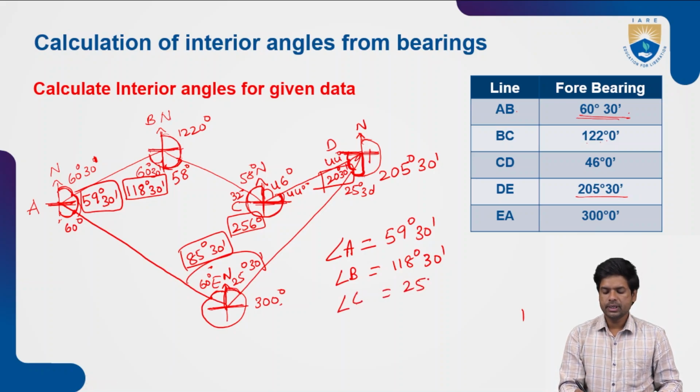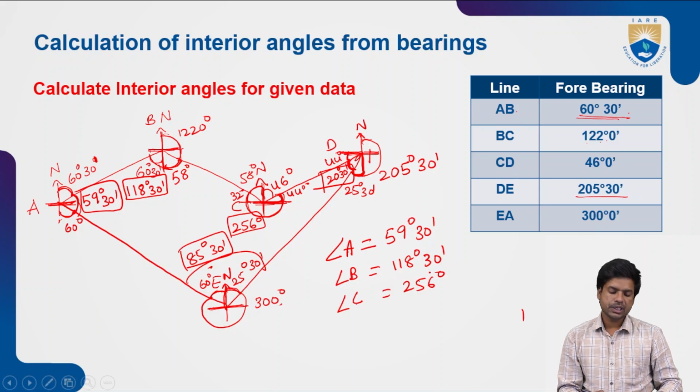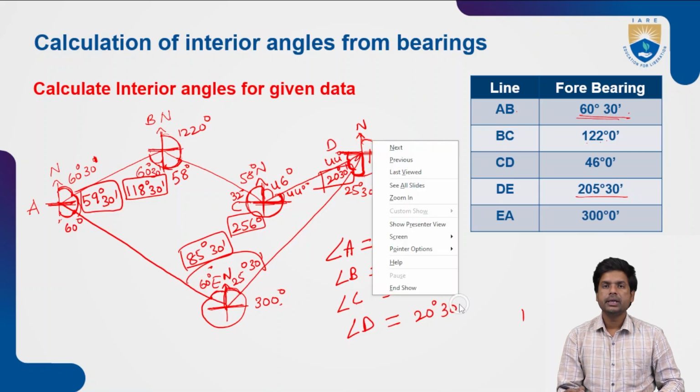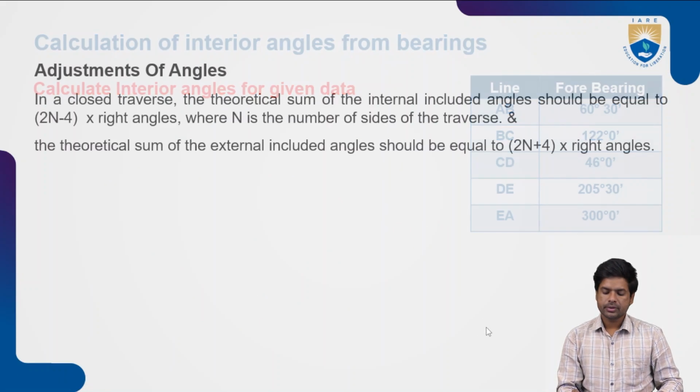Next, the included angle at station D is 20 degrees 30 minutes.